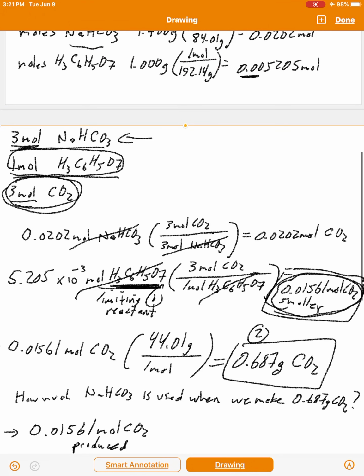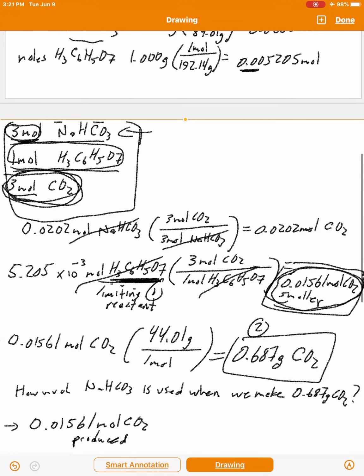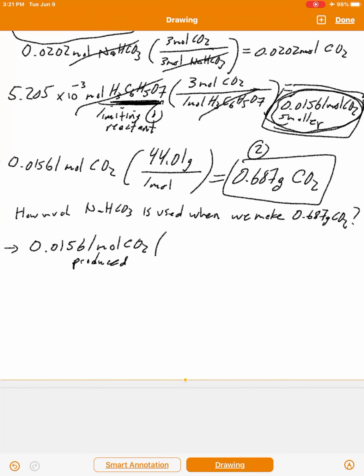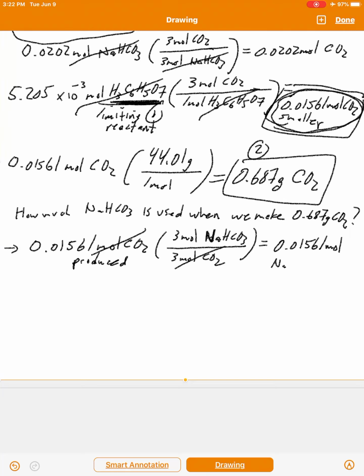So we come back to our ratios again. The ratio says that there are 3 moles of sodium bicarbonate used for every 3 moles of CO2. So that's pretty good. So that means we just say 3 moles of sodium bicarbonate, for every 3 moles of CO2, and you get 0.01561 moles of sodium bicarbonate used.